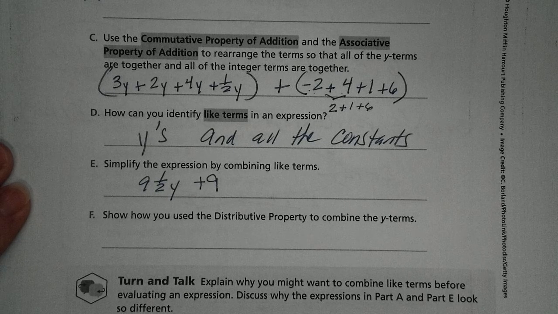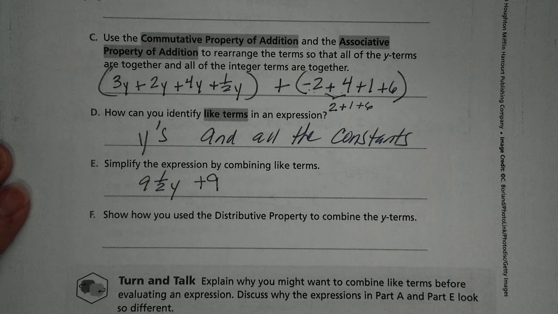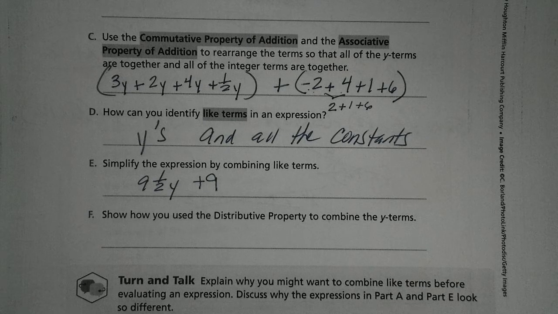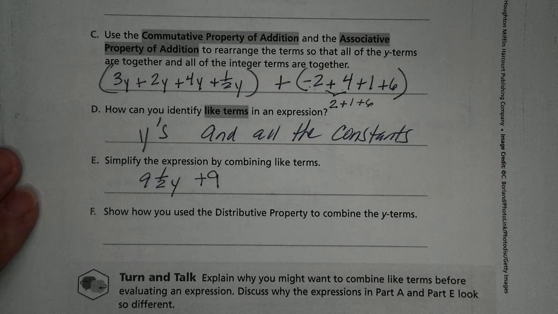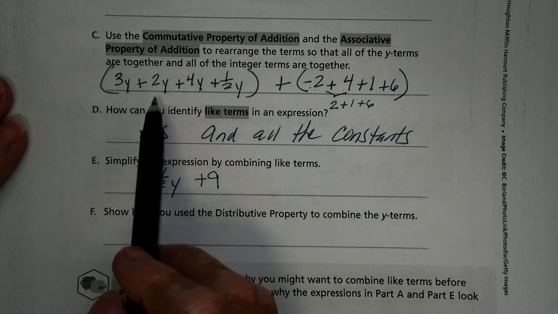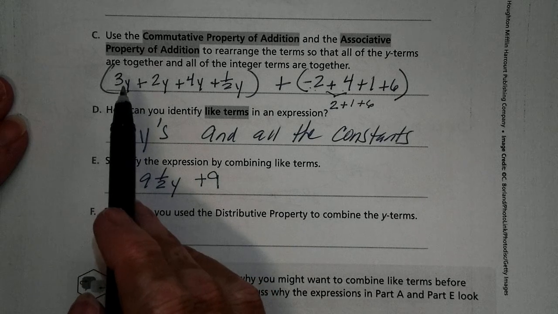All right? So then F says, show how you use the distributive property to combine the y terms. Well, I really didn't use the distributive property, but I'll show you what they're asking you to do. So remember we talked about multiplication and division problems being factors.